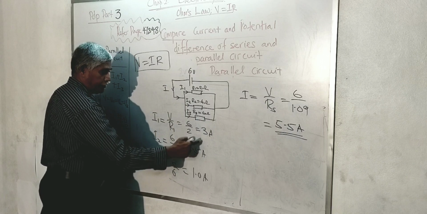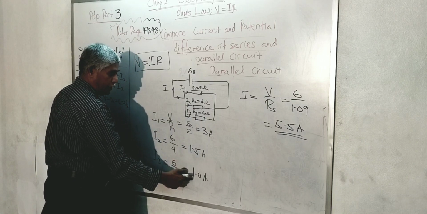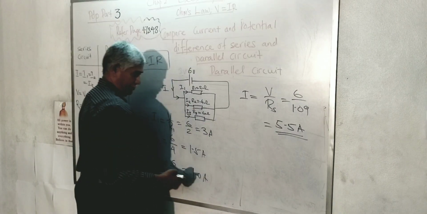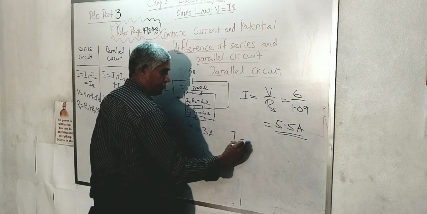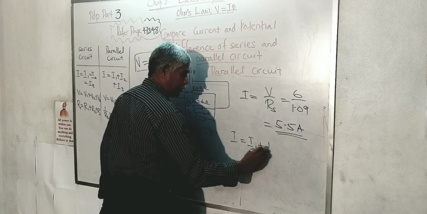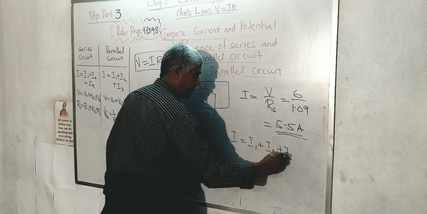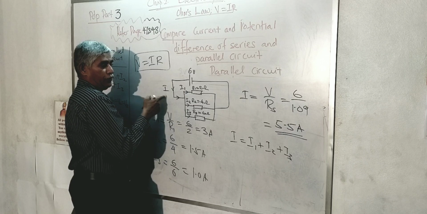So if you add all 3, 3 plus 1.5 plus 1, you will get 5.5 ampere, because I1 plus I2 plus I3, based on our parallel circuit idea of current, the total current is equivalent to the main current.